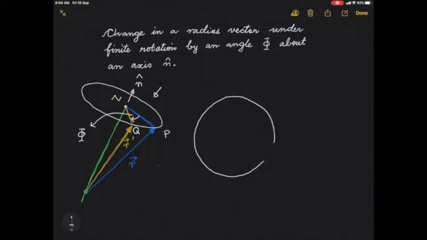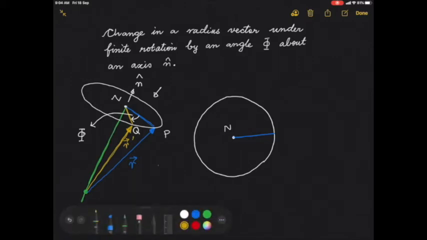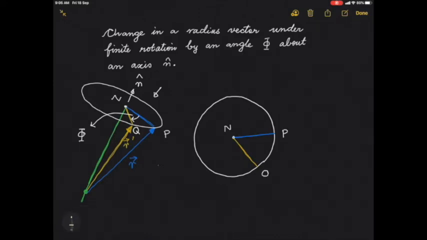So I draw the same picture from the top. So it will look like a circle. The center of the circle is N. This is that line NP, and this is the line NQ.